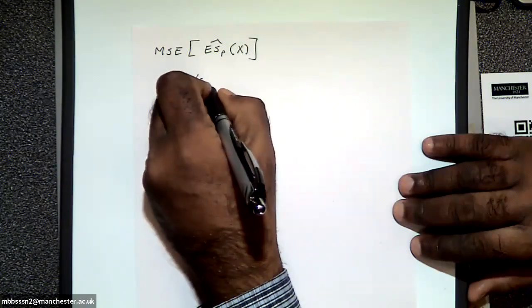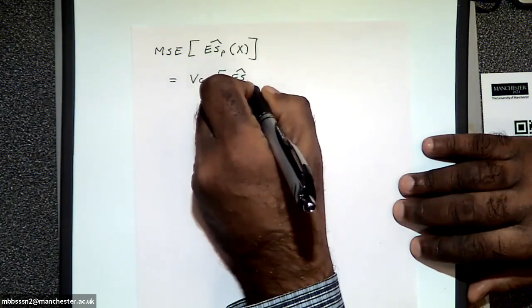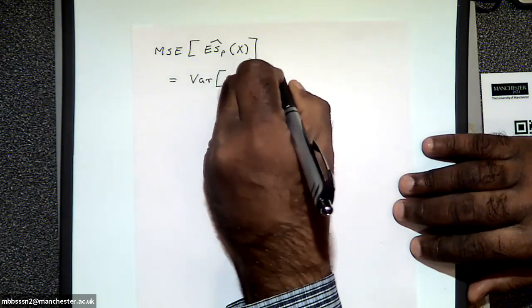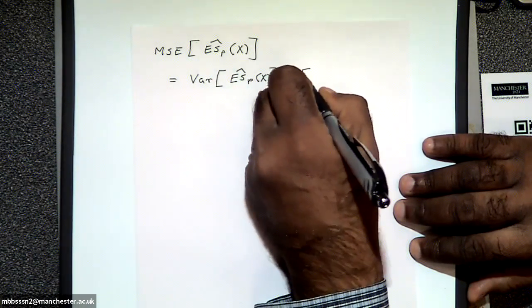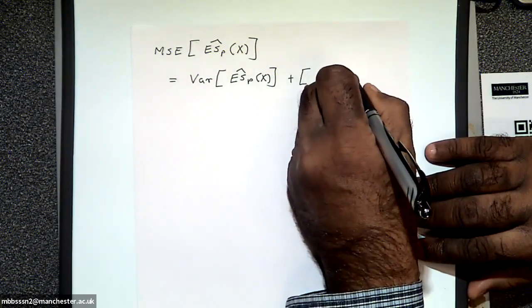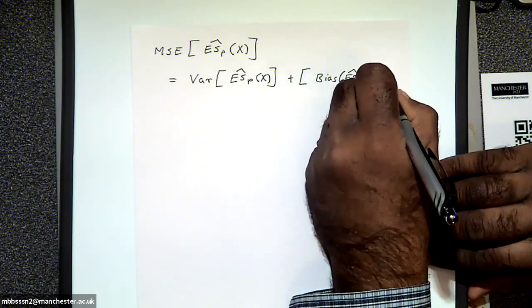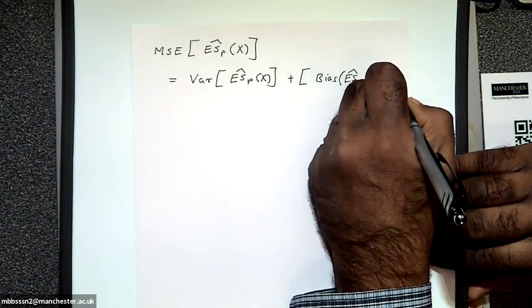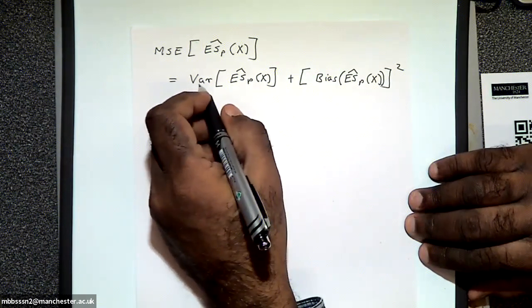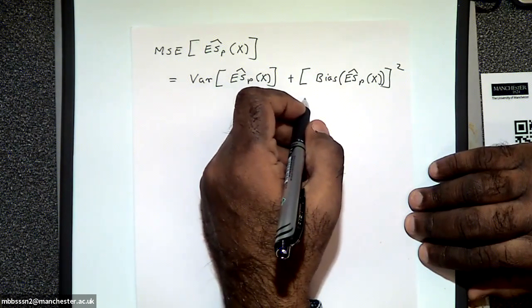You might have learned this in statistical methods or some other course that you took in your undergraduate degree: the MSE is equal to the variance plus the square of the bias.